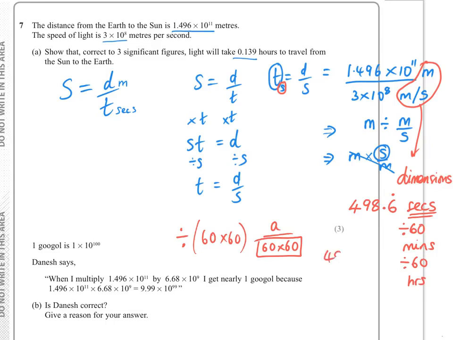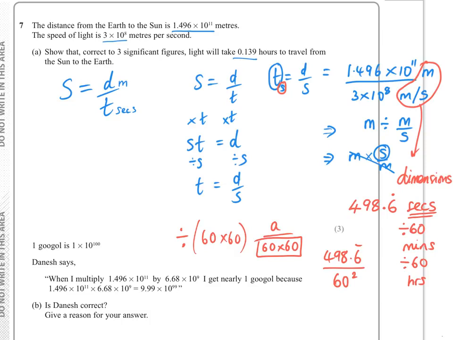So if we do 498.6 recurring, you can do a bar or a dot, it doesn't matter, over 60 squared. On the calculator, I get, let's have a look, 498.6 recurring. Just do lots of 60s on the calculator, it'll be fine. Divided by 3,600.